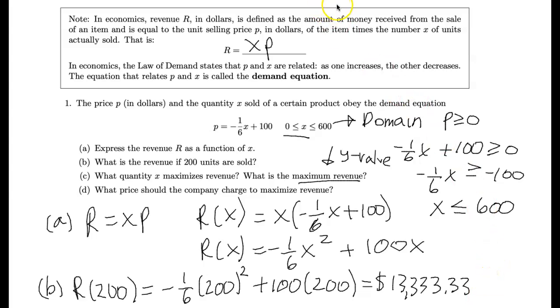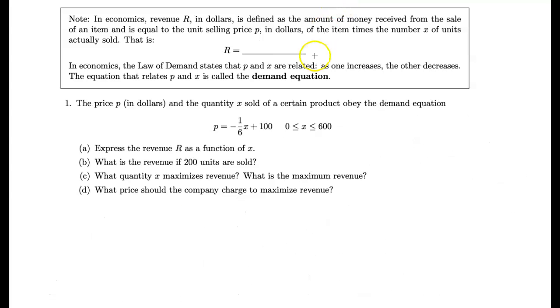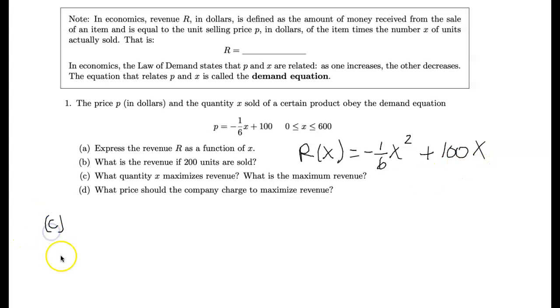Alright, let's go ahead and look at parts C and D. I'm going to erase this, and I just want to write my revenue equation up here. For part C, what quantity X maximizes the revenue?